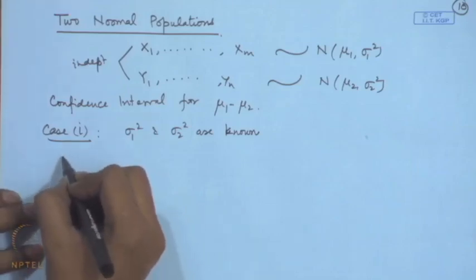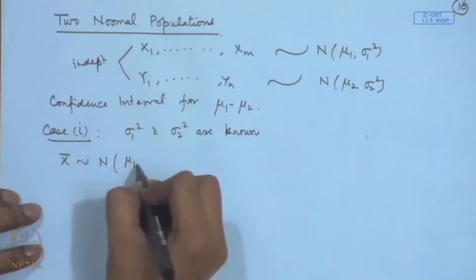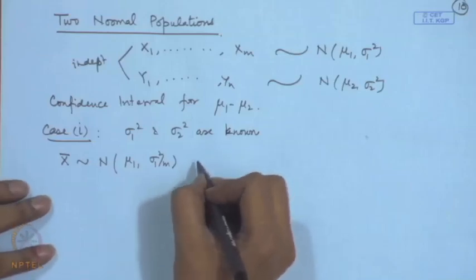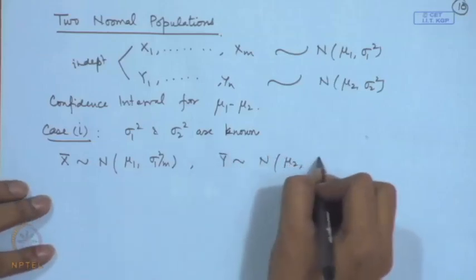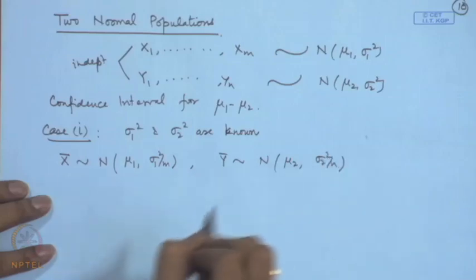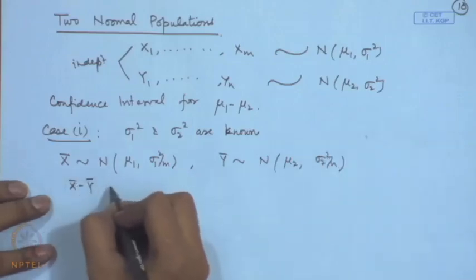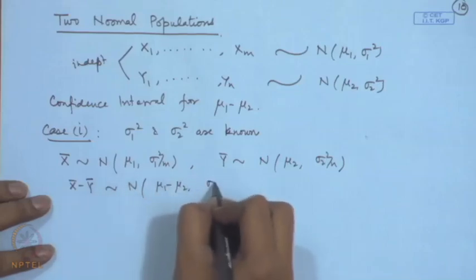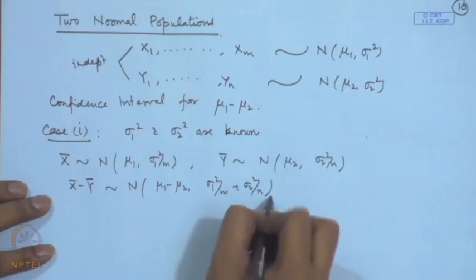So, we can consider x bar following normal mu 1 sigma 1 square by m and y bar following normal mu 2 sigma 2 square by n. If we consider x bar minus y bar, then that follows normal mu 1 minus mu 2 with variance sigma 1 square by m plus sigma 2 square by n.